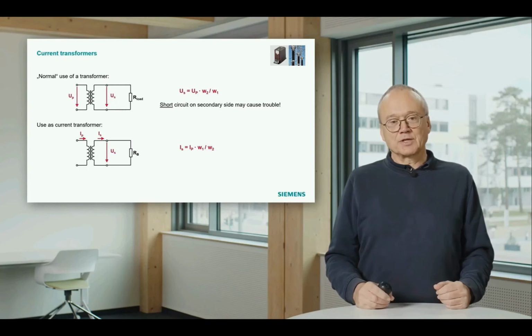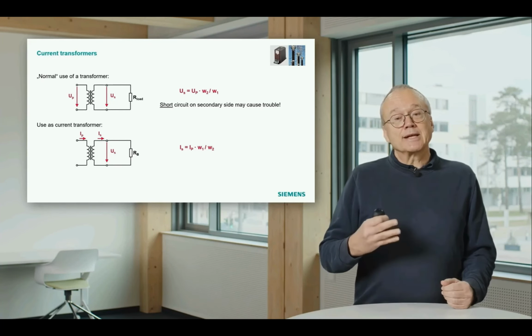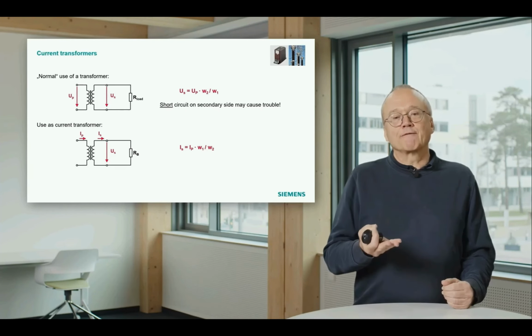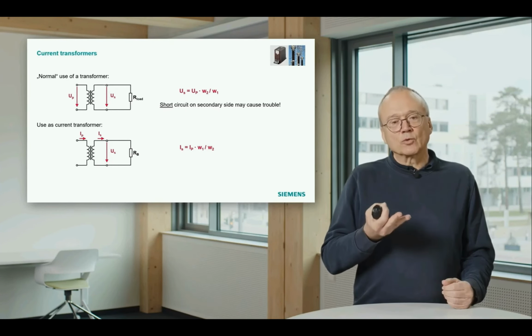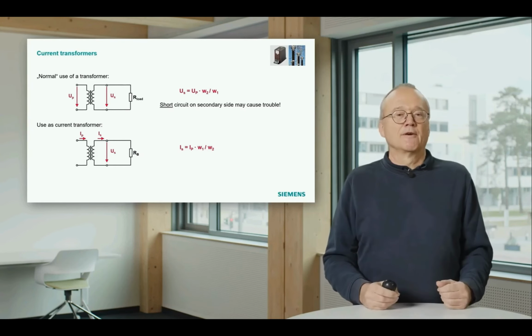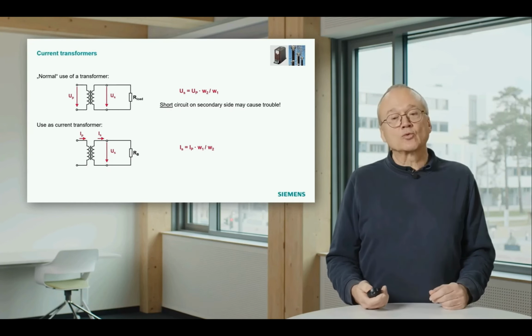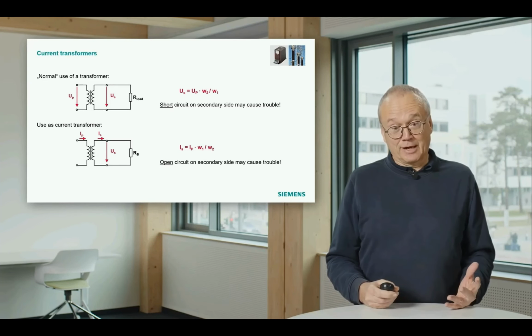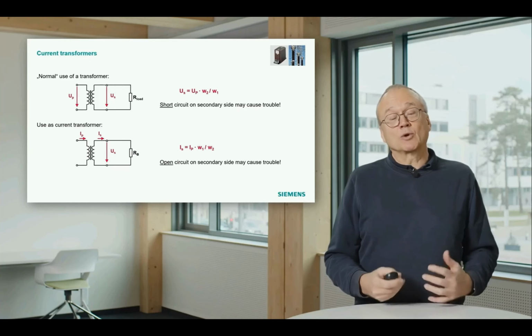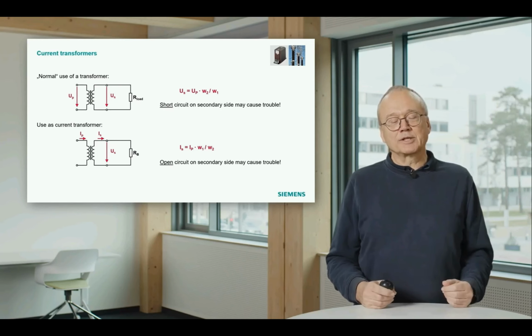If you increase the resistor, it becomes more and more difficult for the current transformer to maintain the current, and you can increase this burden up to a certain value, and then you reach the rated power of the current transformer, and then it becomes difficult for the current transformer to maintain the current. And the worst thing you can do with a current transformer is making an open circuit there, because then theoretically you would have extremely high voltage.